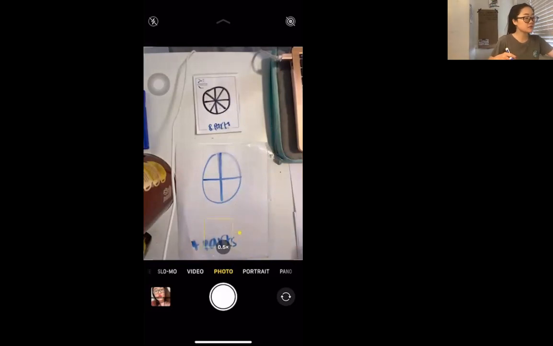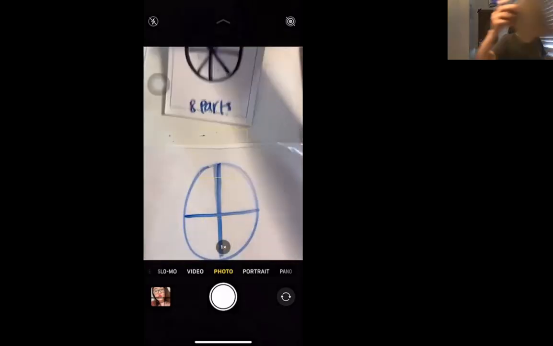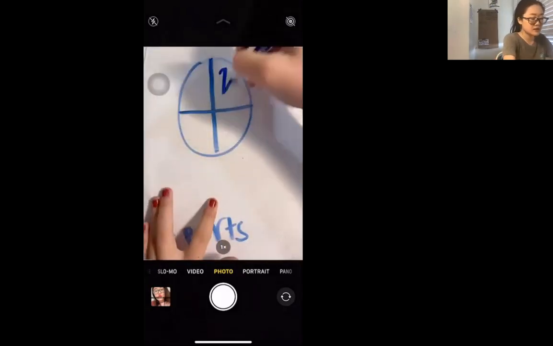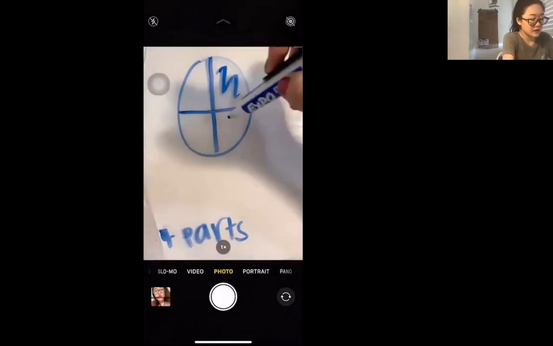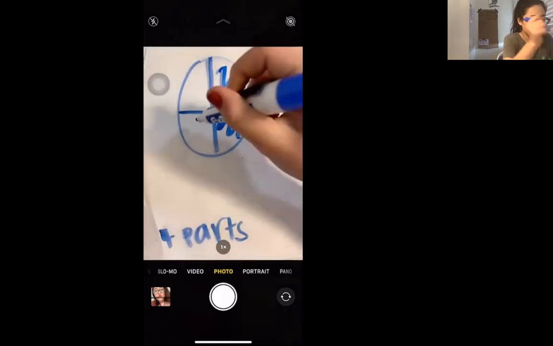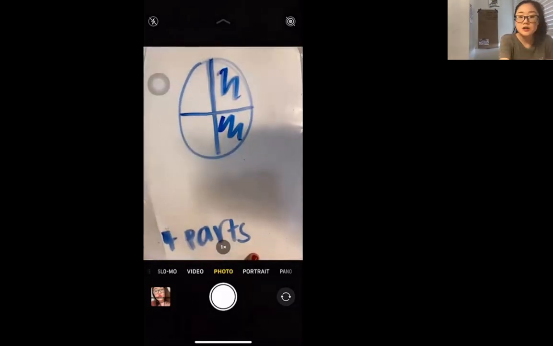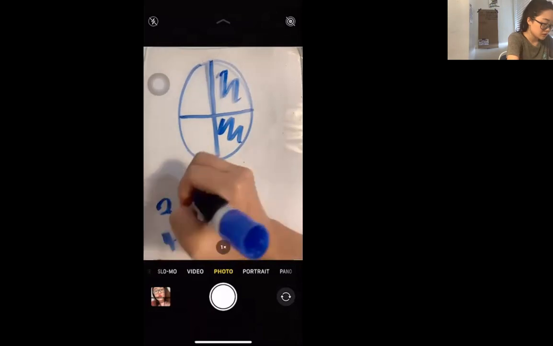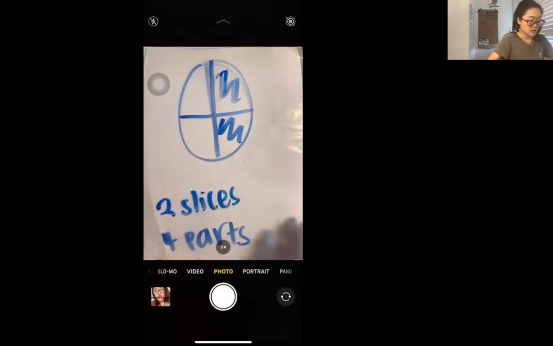All right. So because we want to split this up evenly, I'm going to eat a slice, and Miss Daniela is going to eat a slice, and I'm going to have another one, and she's going to have another one. So each of us get how many slices? 2 slices. All right.